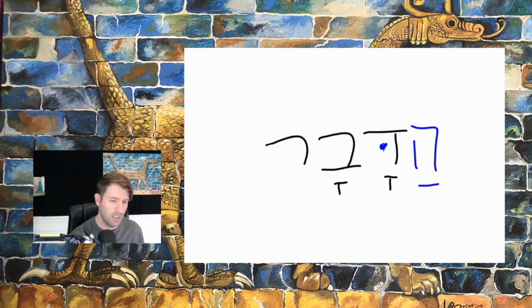Well, we remember that the bet or the kaf or the lamed, they're so strong that they simply overwhelm and take over that hey. So you just get badavar, ladavar. So it just takes over, and that's all I'm talking about there.